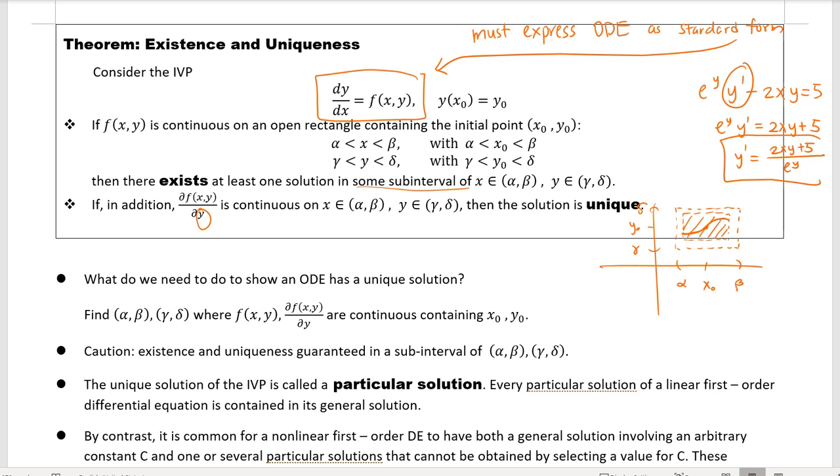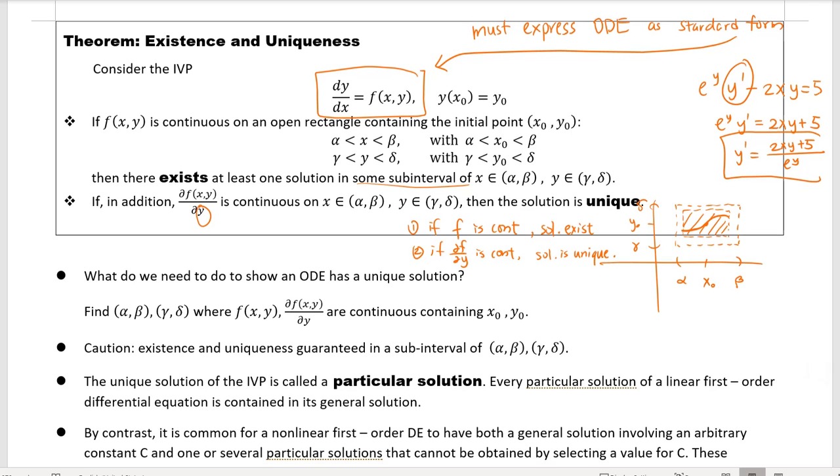So you can summarize it as: if f is continuous, then a solution exists. If partial f partial y is continuous, then the solution is unique. Okay, so what do we need to do to show an ordinary differential equation has a unique solution?